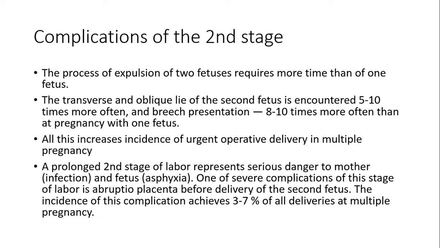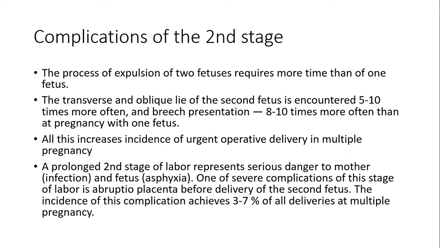Complications of the second stage of labor are obvious. The process of expulsion of 2 fetuses requires more time and more expertise from the obstetrician, by the way. The transverse and oblique lie of the second fetus is encountered 5–10 times more often, and breech presentation 8–10 times more often than in pregnancy with 1 fetus.